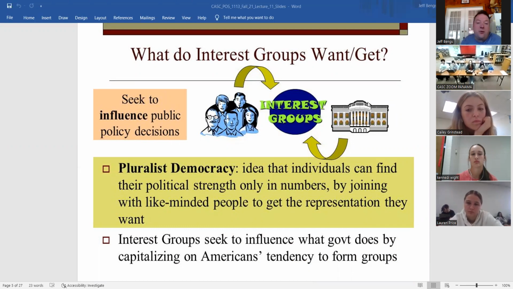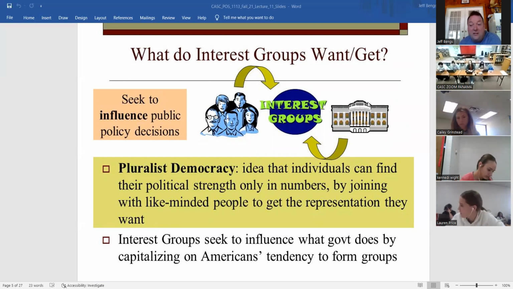When we talk about interest groups, this gives us another dimension to democracy that is called a pluralist democracy. Pluralist, you guys remember your English lessons, singular and plural, how to know when a verb needs to be singular or plural. I was is singular, you were is plural.